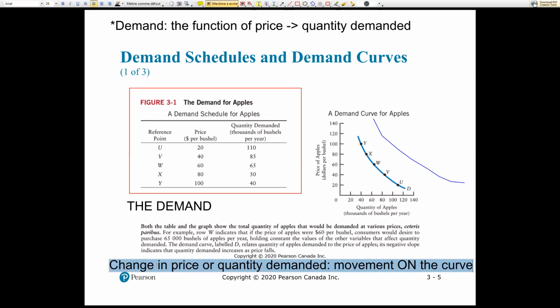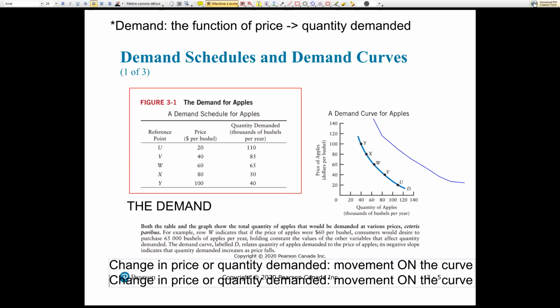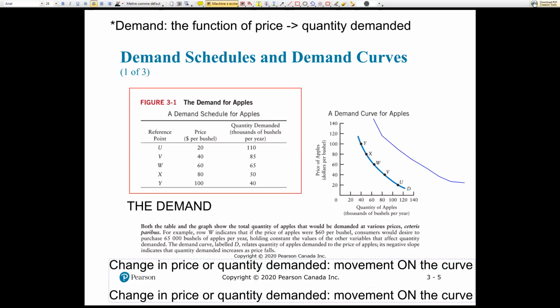And if you have a change in something else, you have a movement of the curve.